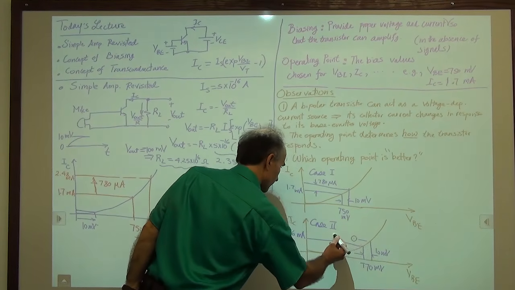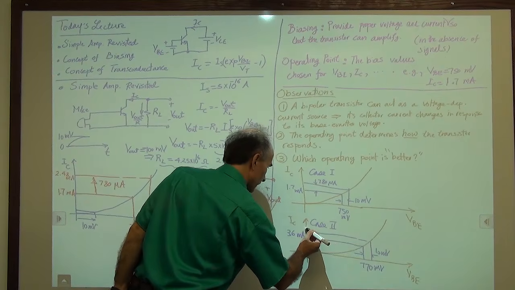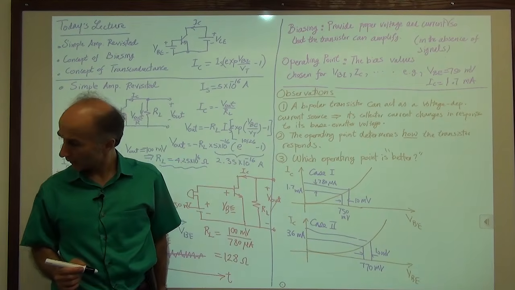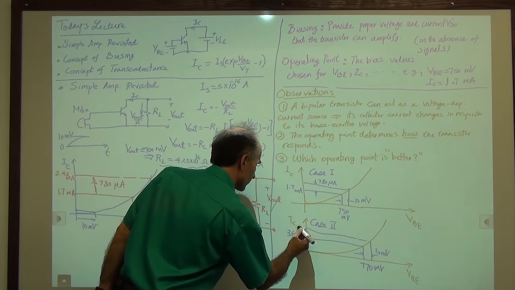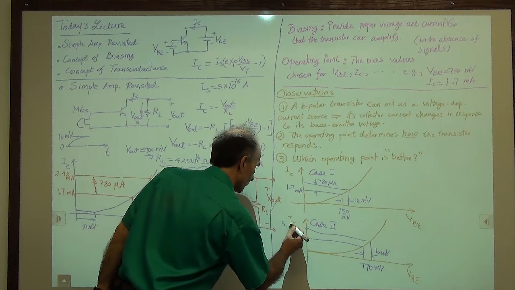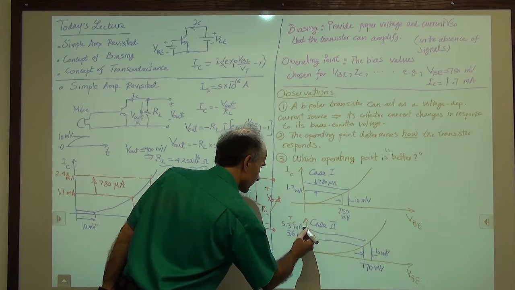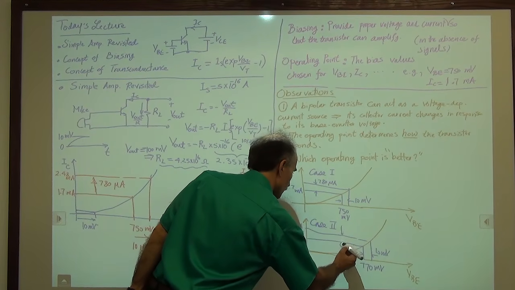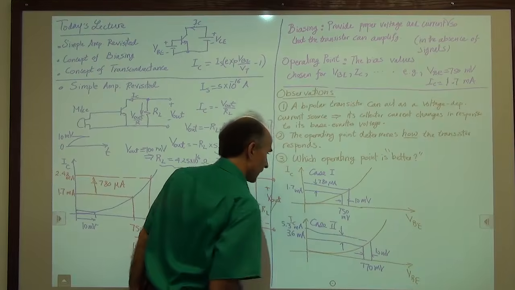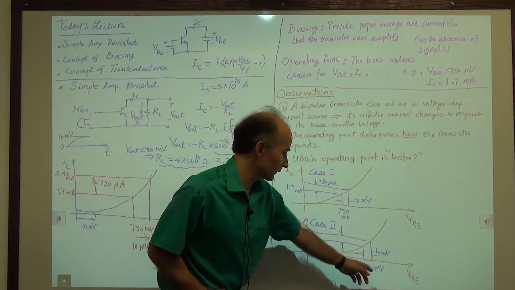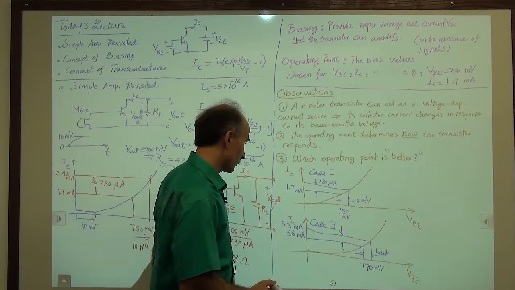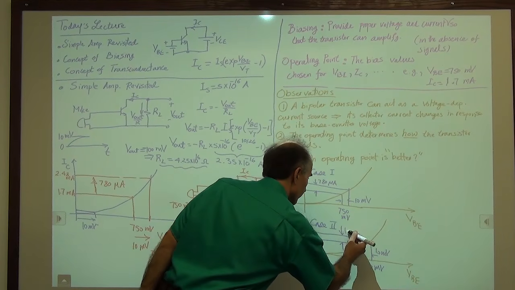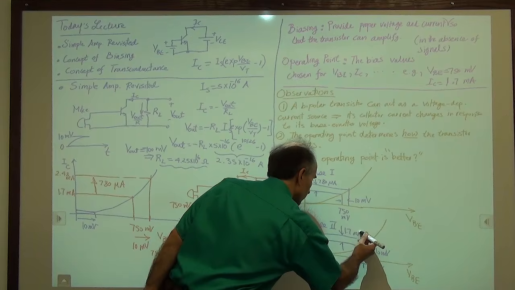So IC in this case comes out to be 5.3 milliamps. So we see that the change in the current as a result of the 10 millivolt increment coming from the microphone is 1.7 milliamps.